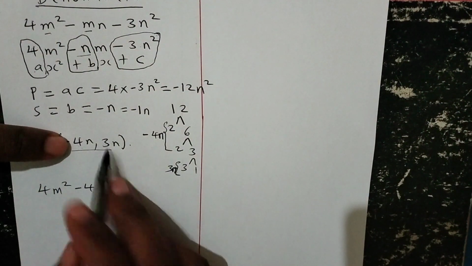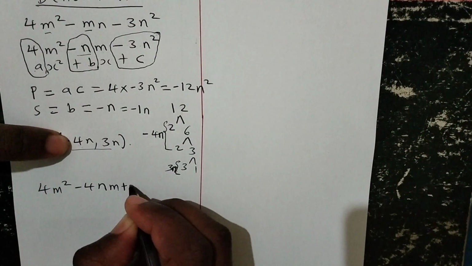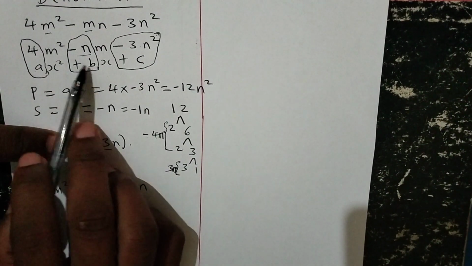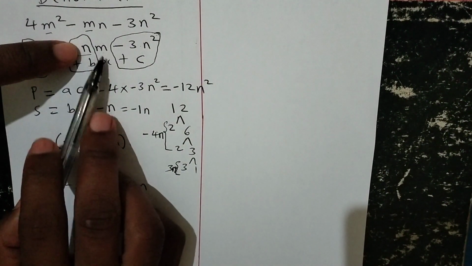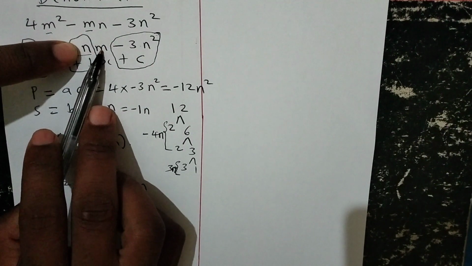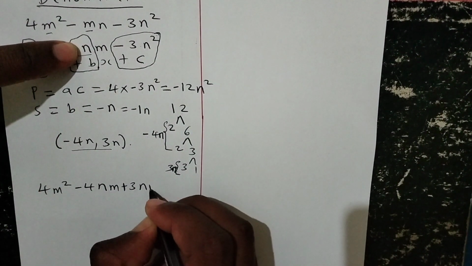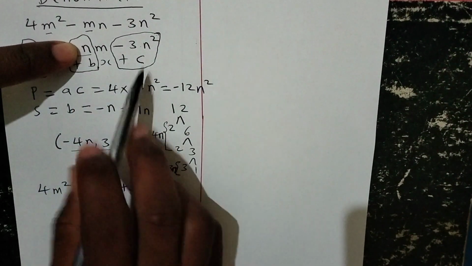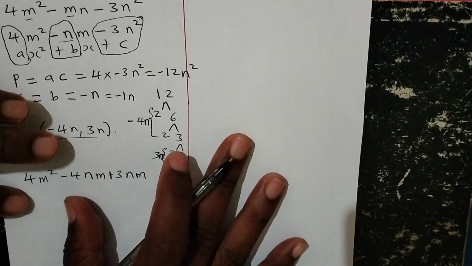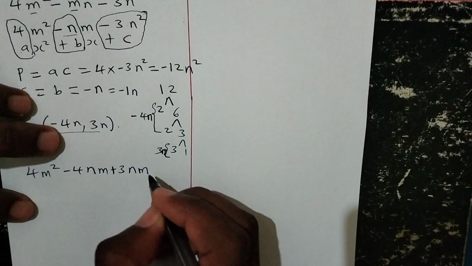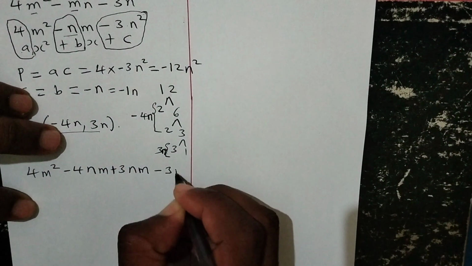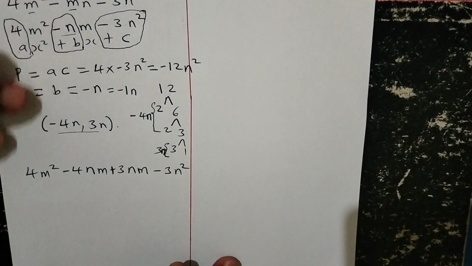Then I also pick the second value, which is 3n. So because they are substituting the region of b, I'll simply multiply by m, which is the number actually coming after that. So I'll add an m. Then, of course, the value of c, you just pick it the way it is. So the value of c was negative 3n squared, the negative of 3n squared.